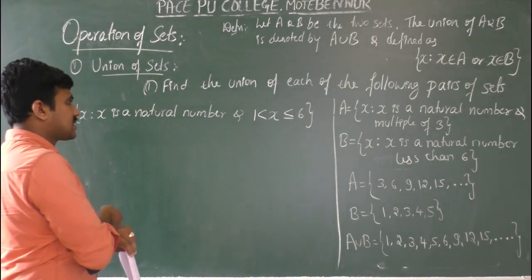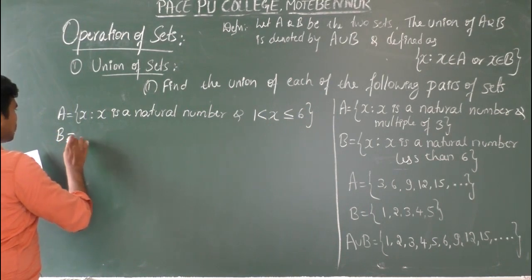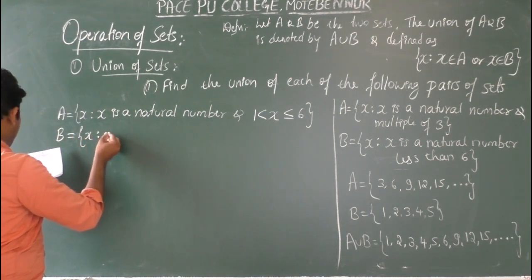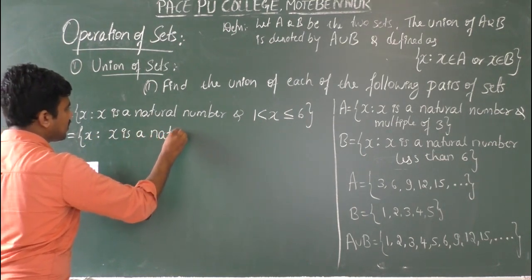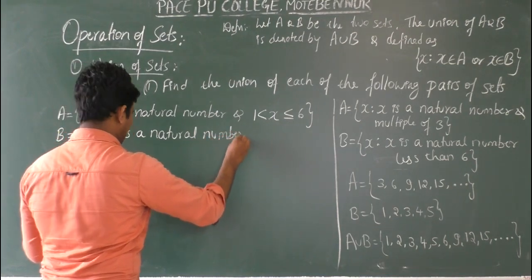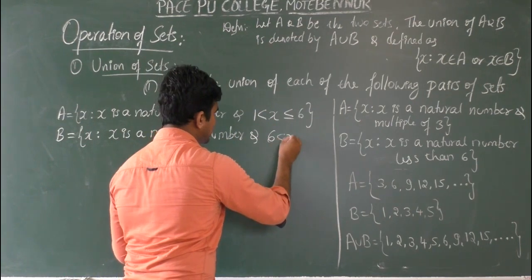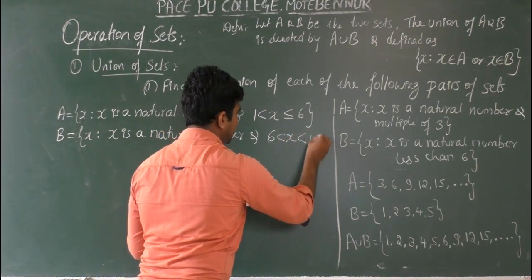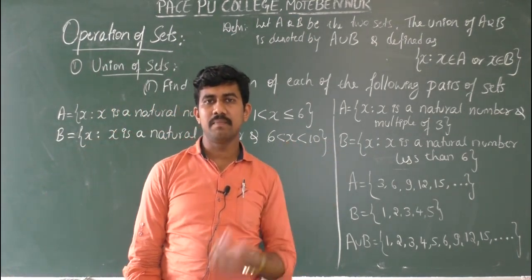Similarly, B is equal to the set of all X such that X is a natural number and 6 less than X less than 10. X is greater than 6 and less than 10.